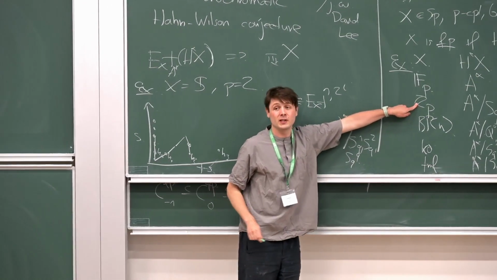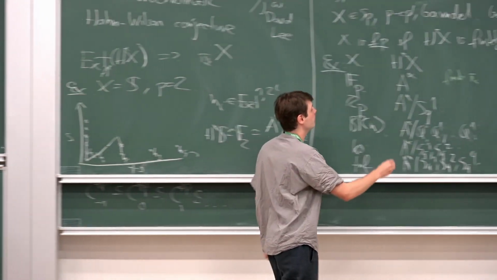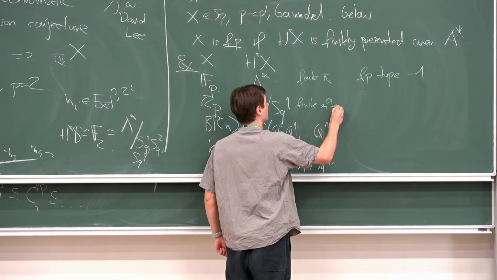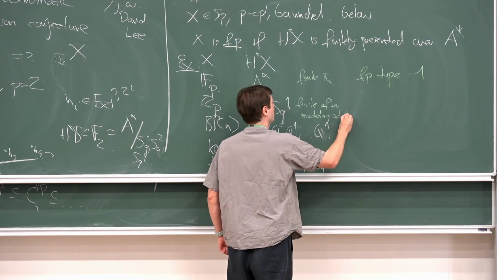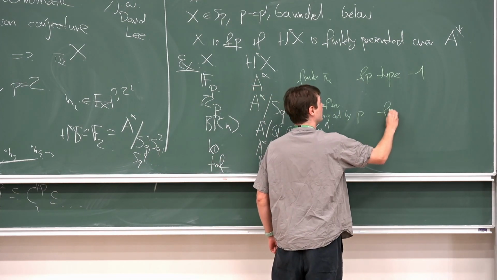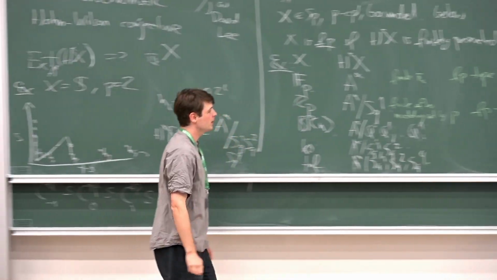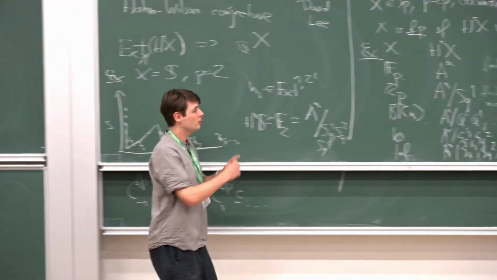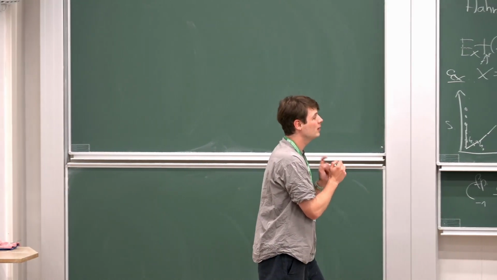Now the integers are not themselves finite, but they are finite after you mod out by p. So finite after modding out by p, and that means that the integers are of FP type 0. BPn has not finite homotopy, it's a polynomial ring over the integers on classes v1 through vn.